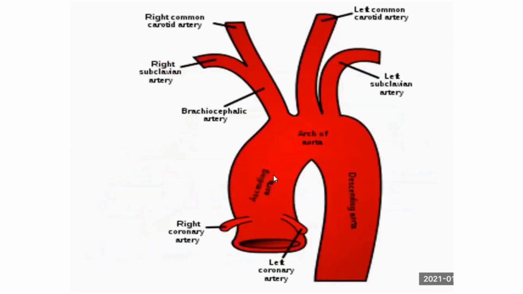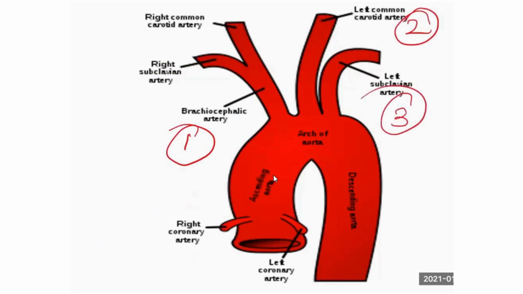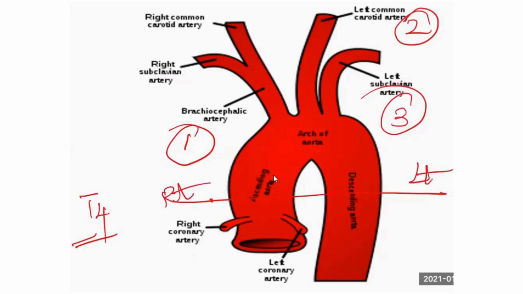Ascending aorta, arch of aorta, descending thoracic aorta. What are all the branches the arch of aorta gives? Brachiocephalic, left common carotid, left subclavian. What is the angle at T4 called? Angle of Louis. The origin of the arch of aorta on the right side and the end of the arch on the left side are at the same level, T4. On the right side at T4, it originates as the arch from the ascending aorta.